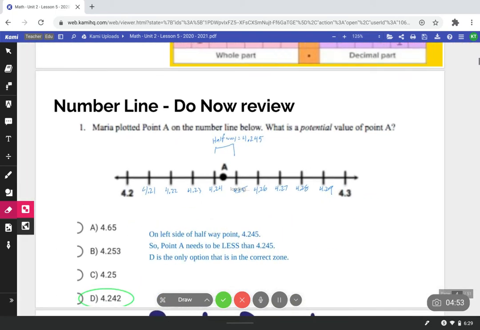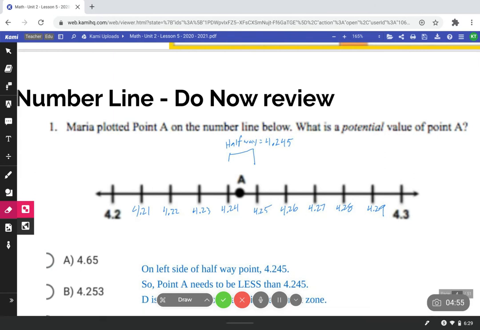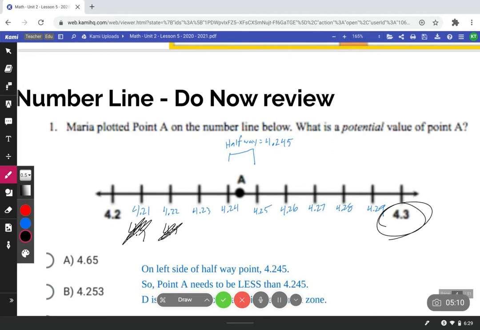Because I see so many dashes or ticks, whatever you want to call the black lines, in between, I know that it can't be 4.2, 4.3, 4.4. Because 4.3 is the end goal. I'm trying to find the numbers in between 4 and 2/10 and 4 and 3/10.